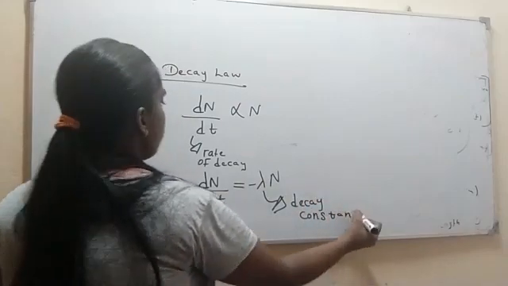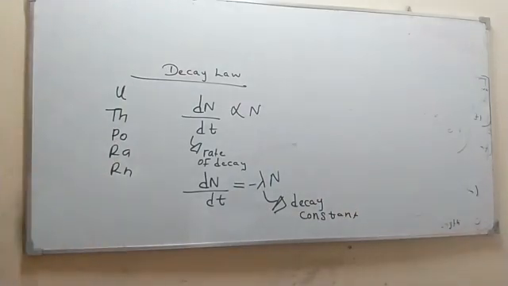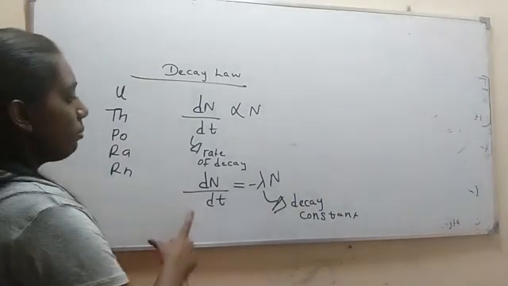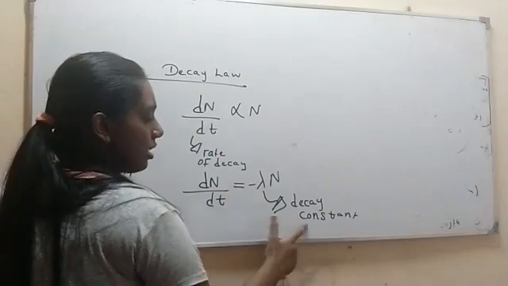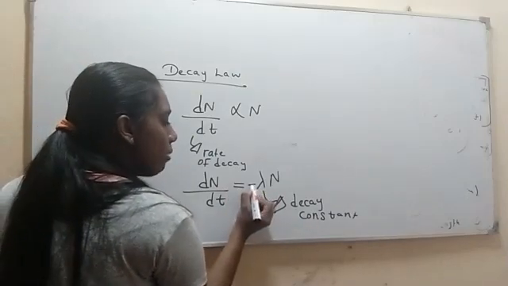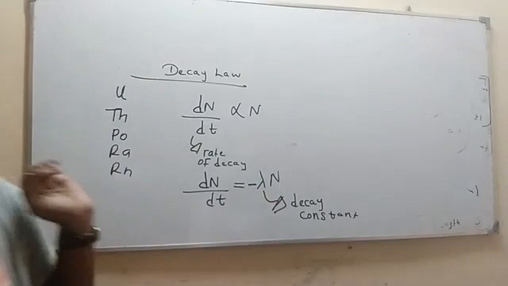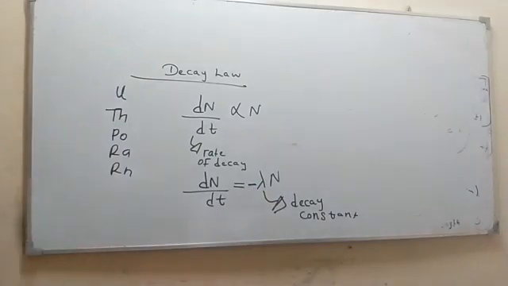Most physics equations are derived using integration and differentiation, but we don't need the derivation; the equation is enough. So dN by dt equals minus lambda N. What does the minus sign imply? It means it is decreasing with time.